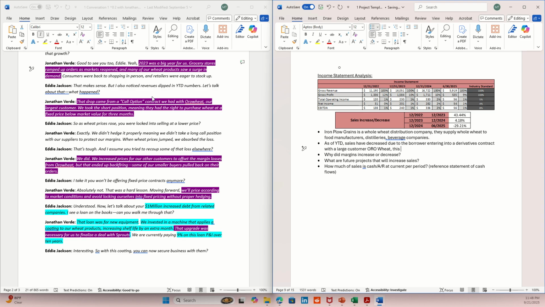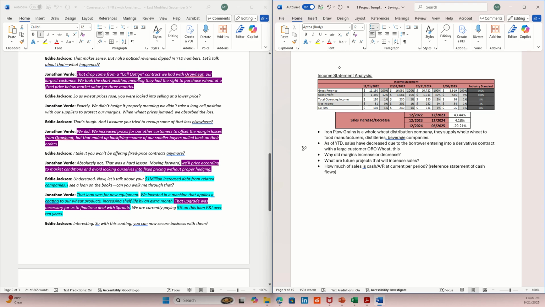This call option, entering a call option contract with large customer Oro Wheat. This required the customer to supply wheat at a fixed price, which decreased margin.